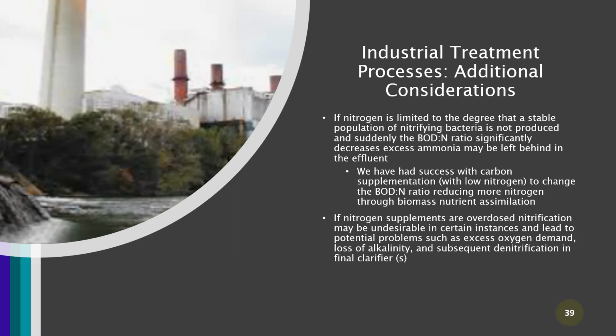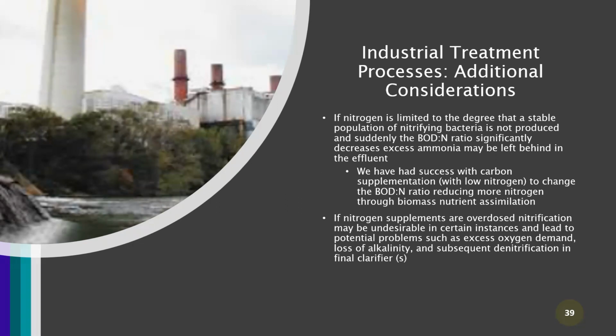What can be a very common problem is if you overdose the supplements for nitrogen, you may have nitrification develop, and that can lead to other problems, such as in some industries it can exceed the oxygen demand. You can lose your alkalinity, and you also risk denitrification in the final clarifier.